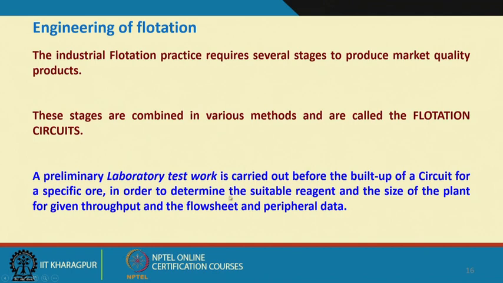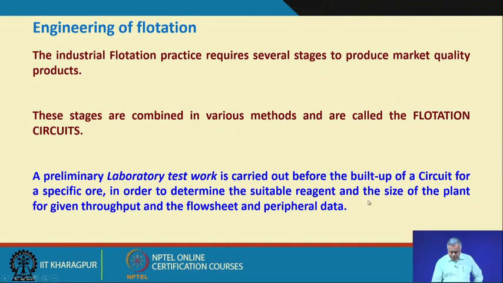So, first you have to determine the suitable reagent and the size of the plant, and what should be the tonnages for a given throughput, and the flow sheet and peripheral data. So, normally what is advocated, what is suggested, is that you first go for your laboratory test, then you go for a pilot plant test, and then you go for the actual build-up of a circuit.